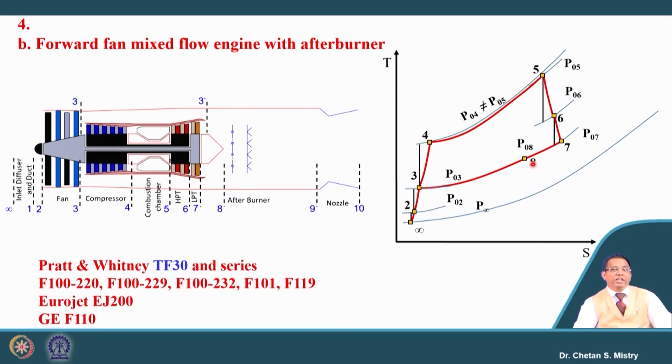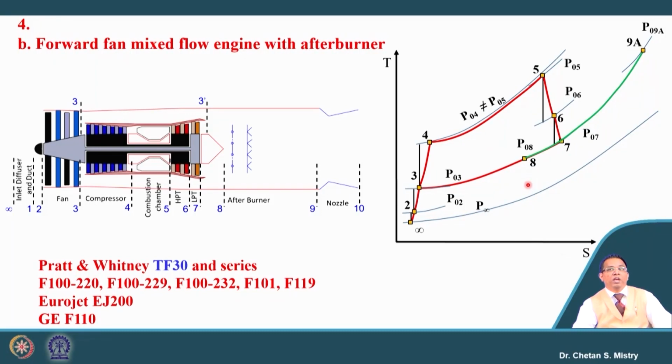Now, in the earlier case, we were having expansion happening inside the nozzle. So, you can say my expansion will be up to here only. In place of that, what are we doing? We are injecting the fuel in the afterburner, and we permit that fuel-air mixture to burn in the afterburner, and this process we are representing as a constant pressure combustion process.